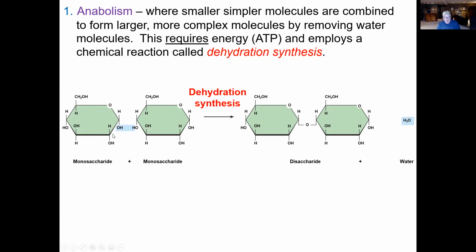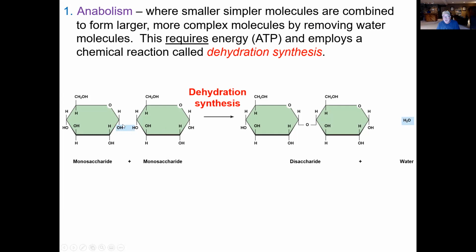So there's a carbon 1, carbon 2, carbon 3, carbon 4, carbon 5, and here's the 6th carbon of this monosaccharide. So coming off carbon number 1 is an OH group, and coming off carbon number what? 1, 2, 3, 4, yeah, is another OH group, and we're going to note again the hydrogen from this particular OH group, which when combined with the hydroxyl group of the adjacent monosaccharide combines to give you the H2O.